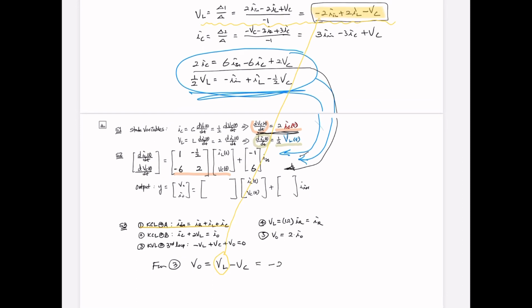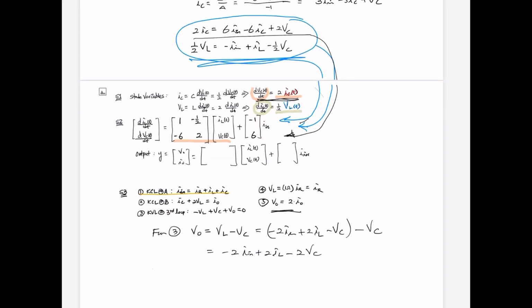Then VL equals negative 2I in plus 2IL minus VC. That's the whole thing for VL minus VC. So V out is now negative 2I in plus 2IL minus 2VC. That's our V naught. And from number 5, we have I naught equals 1 over 2 V naught. So if you divide everything by 2 for V naught, we have negative I in plus IL minus VC.